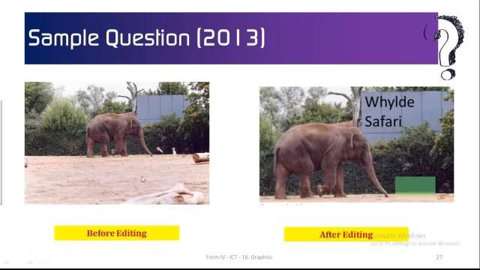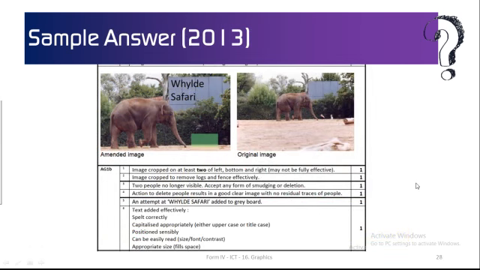See children, before editing this is the picture, and after editing you can see the two people are no longer visible, because a rectangle can also hide that picture. Then this is the sample answer.